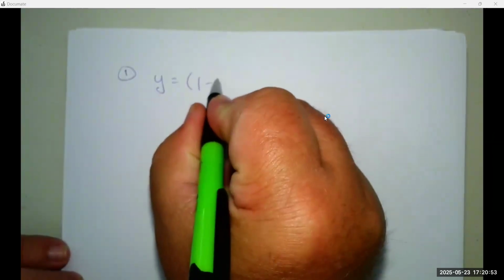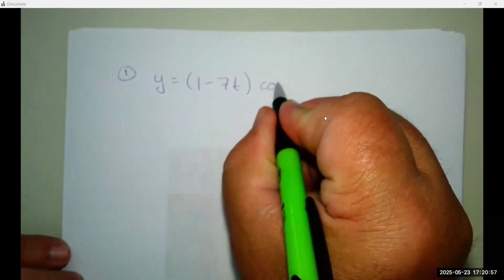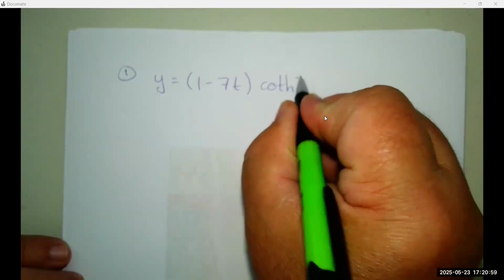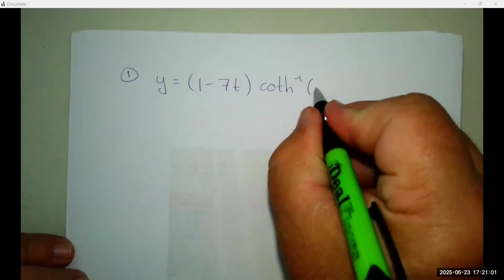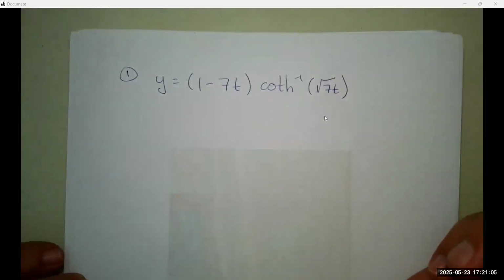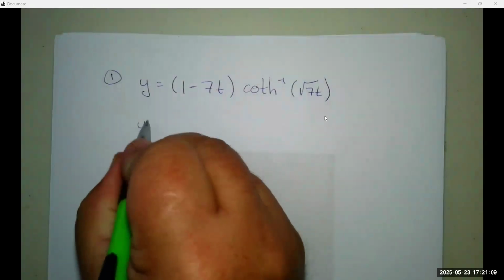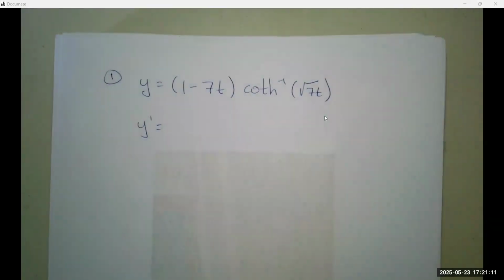The first question you had: if y equals 1 minus 7t times the hyperbolic inverse cotangent of the square root of 7t, we're looking for the derivative of this function.